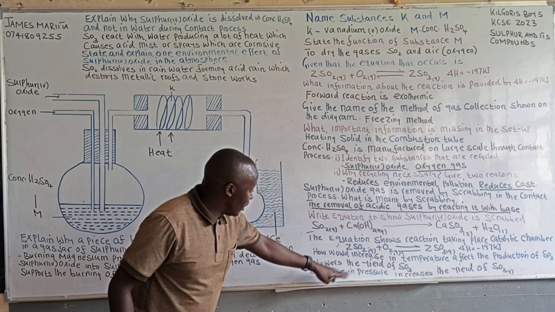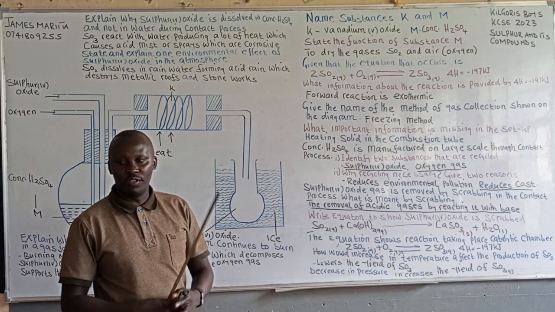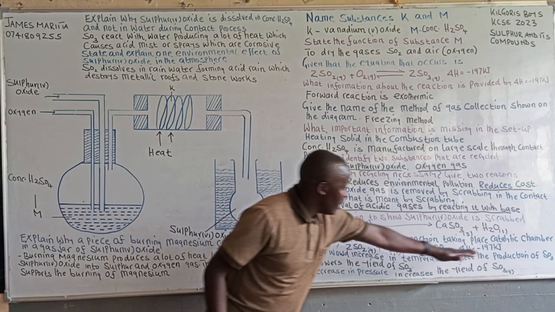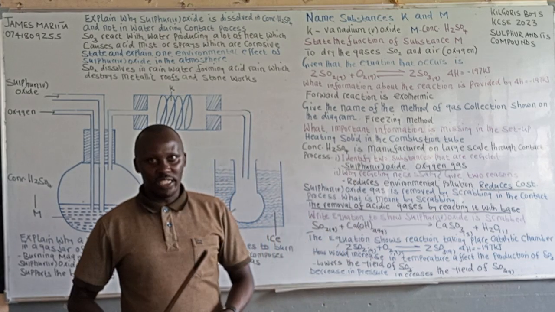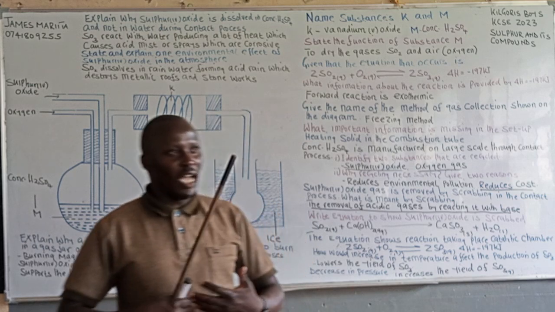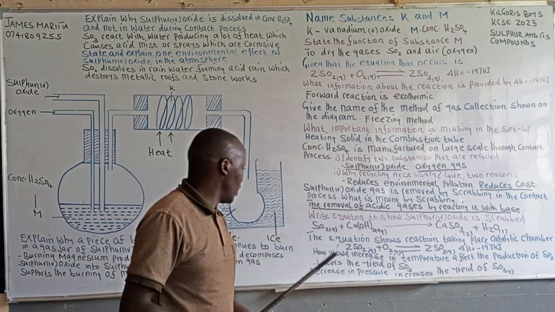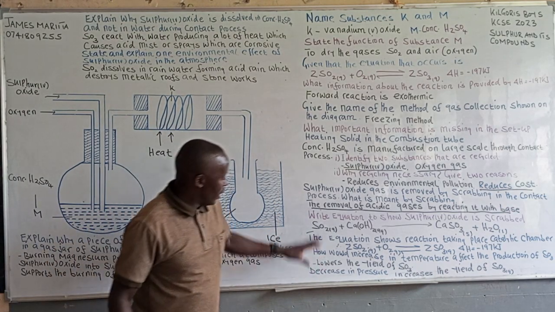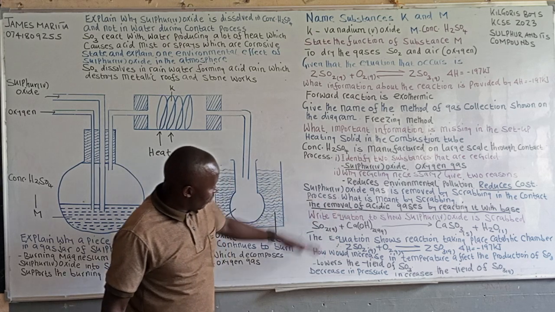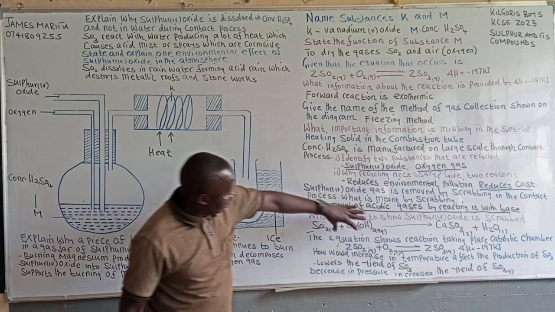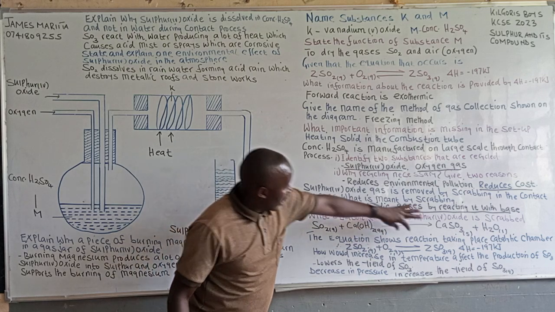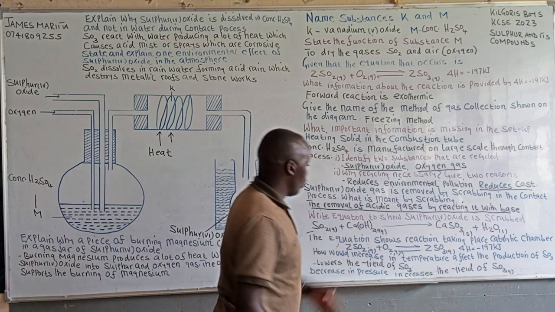Now, decreasing pressure. What is the effect of decreasing pressure on this sulfur 6 oxide gas? We know that increasing pressure favors the side which has fewer molecules. For instance, on this side here we have 3 molecules, and on the other side we have 2 molecules.